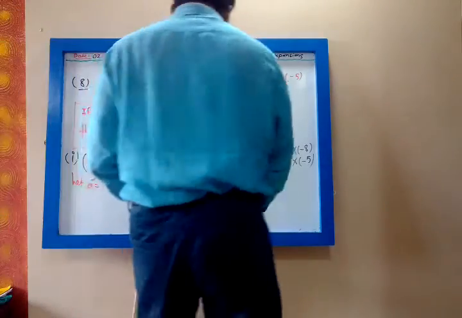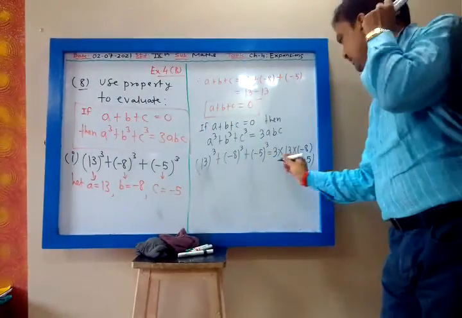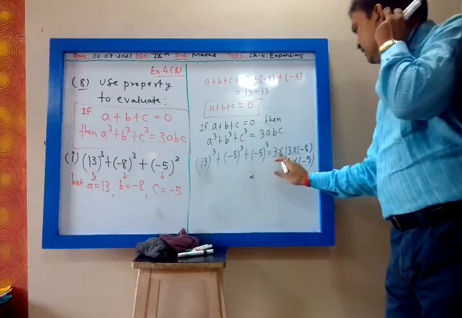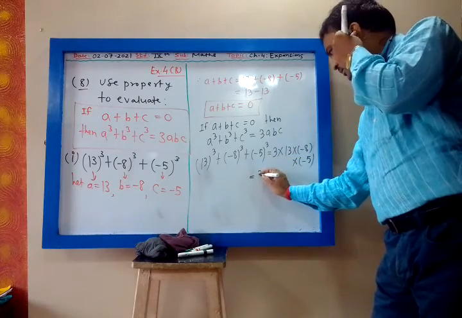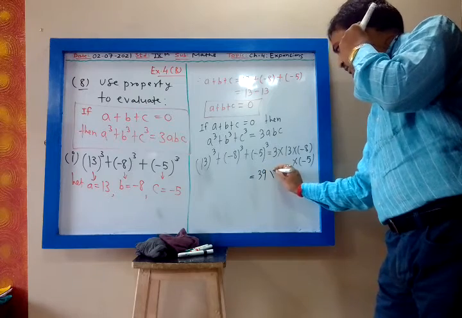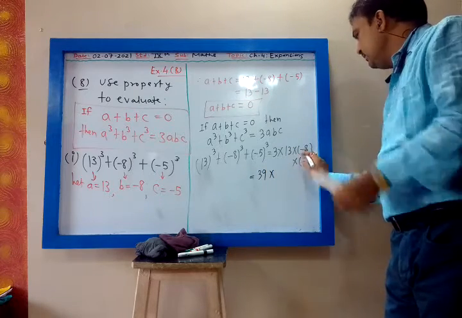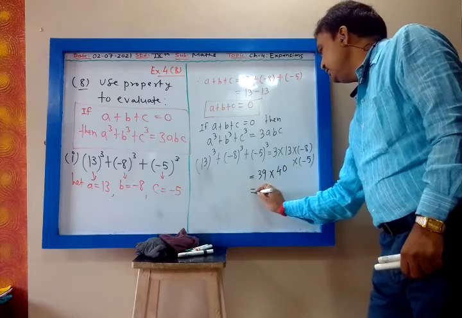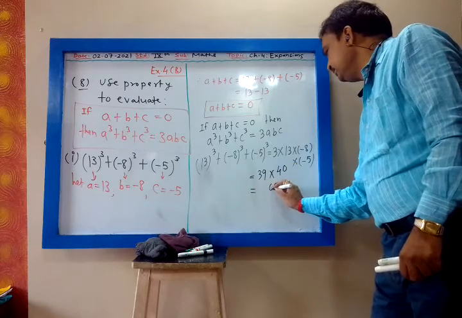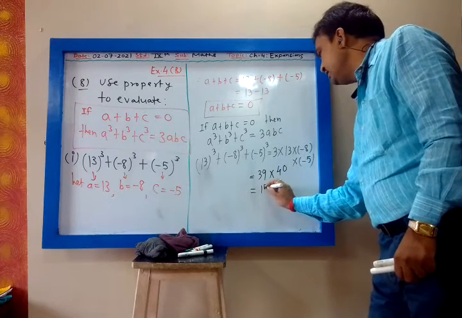That will be 3abc. So this will be 3 into 13, 39 into minus 8 into minus 5 is plus 40. So 39 into 40 is 1560.